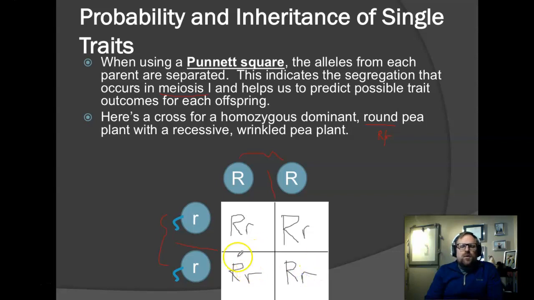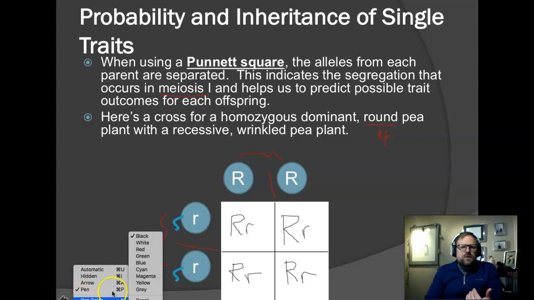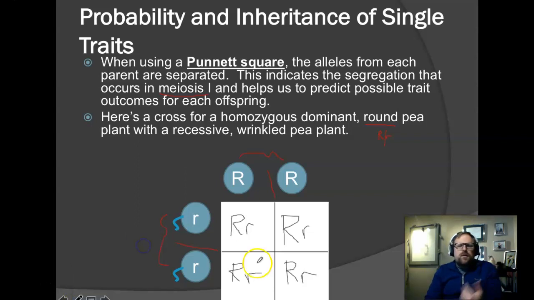So I want to circle back for a second and talk about the terms we discussed on the last slide, which were phenotypic and genotypic ratio. Well, there isn't much of a ratio going on here. For our genotypic ratio, we would say that these individuals are 100%, right?